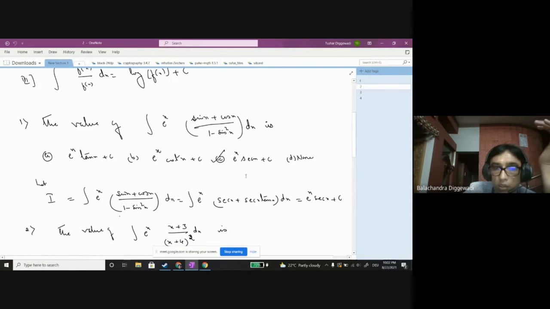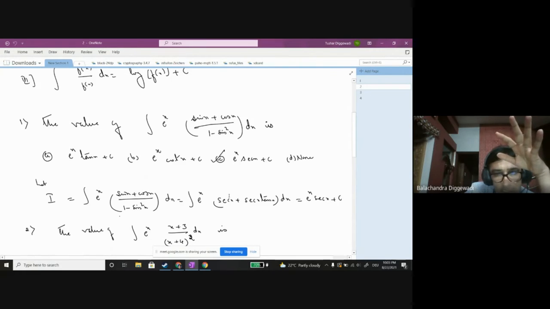Therefore, the integral of the entire term will be e raised to x into f of x plus the integration constant c. So if the exponential is outside and the numerator is a sum of two terms, just bifurcate, that is, separate these two terms. Once separated, the places may be interchanged. I have interchanged here because cos x upon cos square x is 1 by cos x, which comes as the second term.